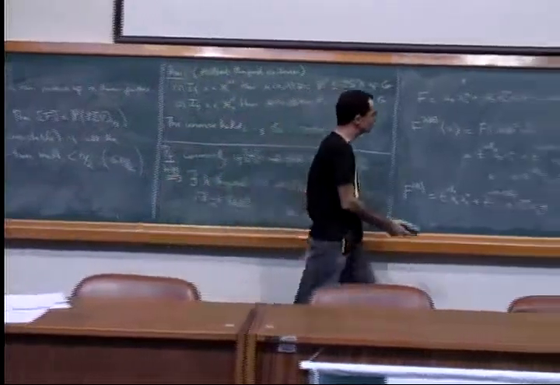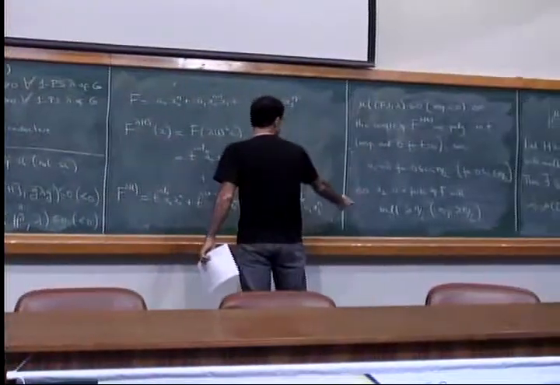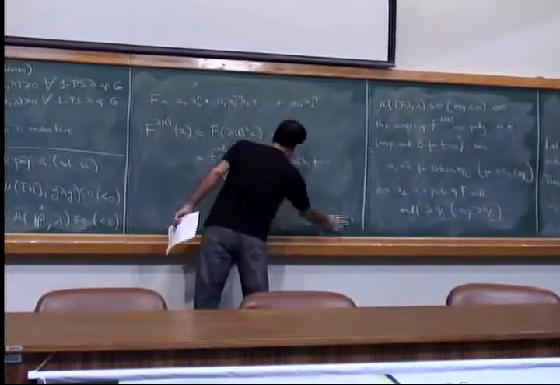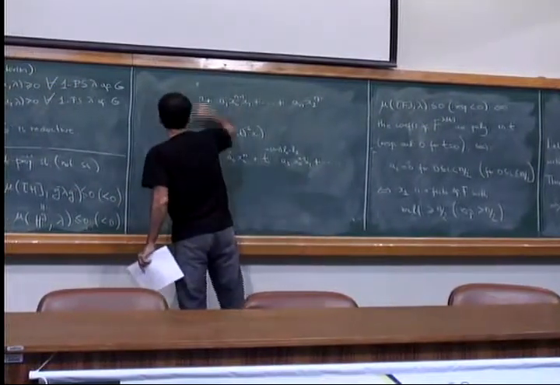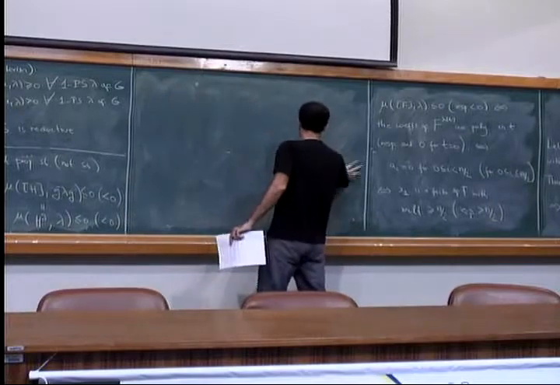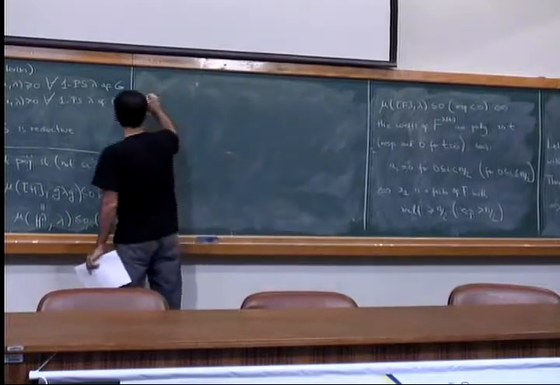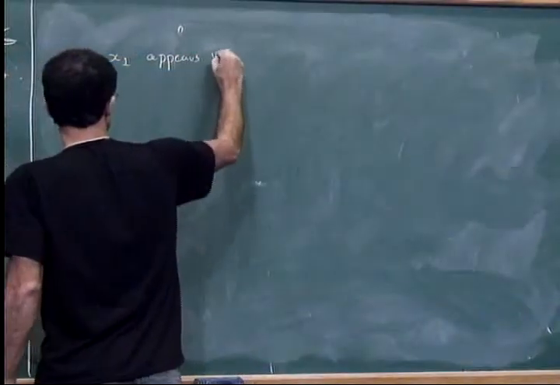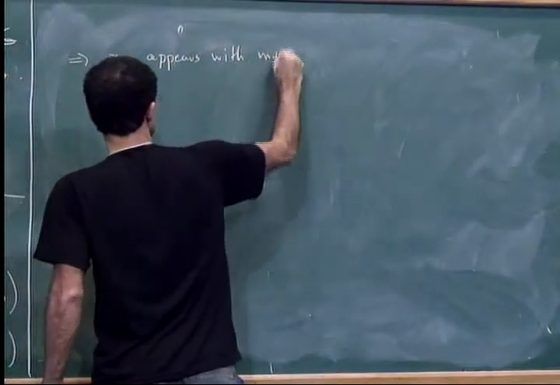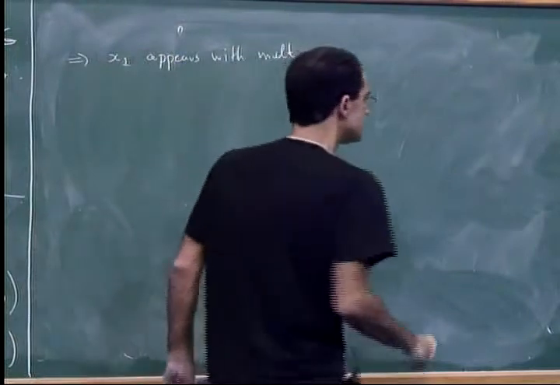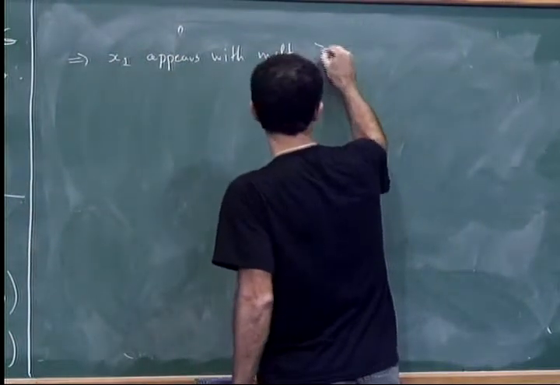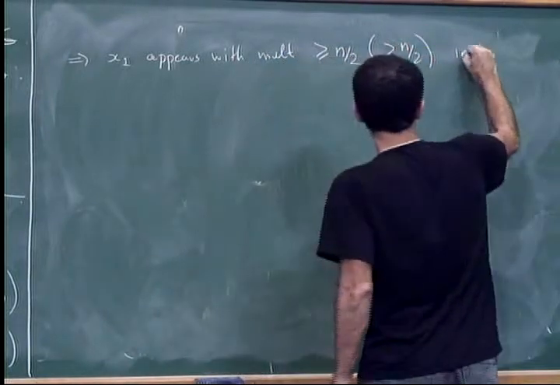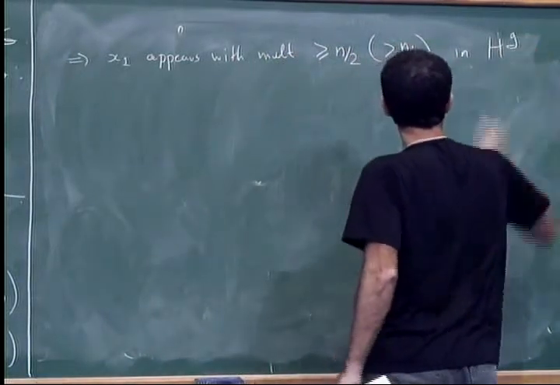So then we can now use this thing here and say that x1 appears with multiplicity. So that means that x1 appears with multiplicity at least n over 2 in my polynomial, which is hg.